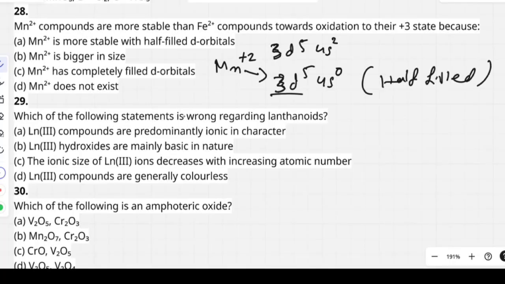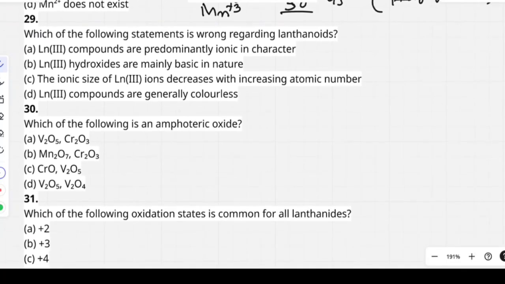To convert Mn+2 to Mn+3, we have to remove an electron from the d5 system. It requires more energy. So Mn2+ compounds are more stable with half-filled d orbitals. Next, I move to question number 29.